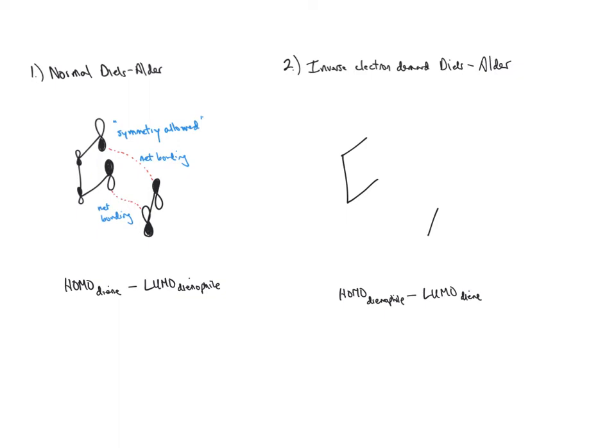Okay, so let's put in the molecular orbitals for the LUMO of the diene first. So the LUMO of the diene will come from psi 3. And so again, it's going to have those big lobes on the ends. And we're going to have shading that looks like this. Node in between 1 and 2, and node in between 3 and 4.